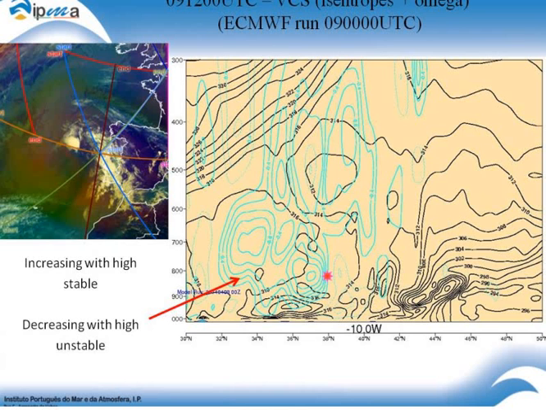Another useful piece of information using isentropes is when the values are increasing with height. In this case here, we have a stable area, stable air, and when values are decreasing with height, in this area here we have 314 Kelvin, and here is 312 Kelvin.